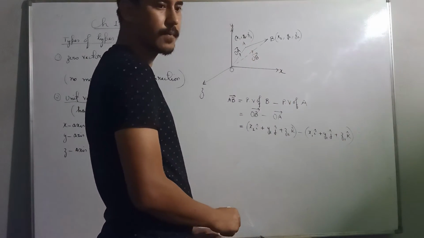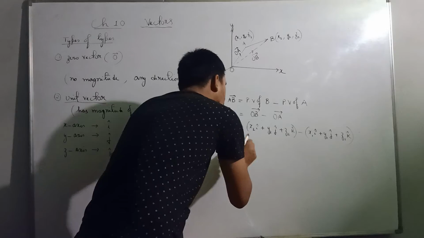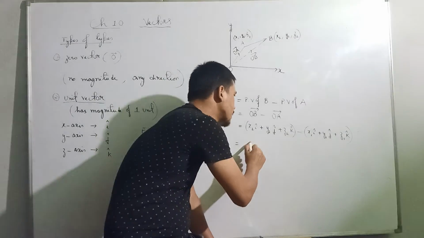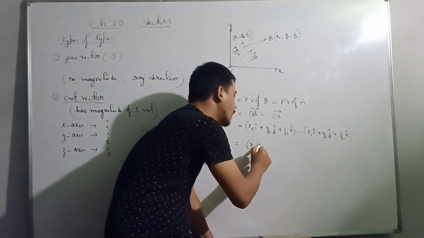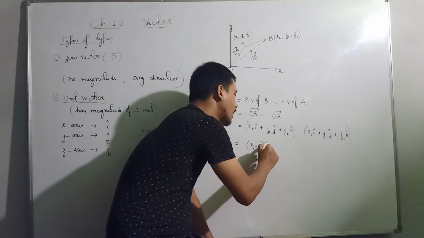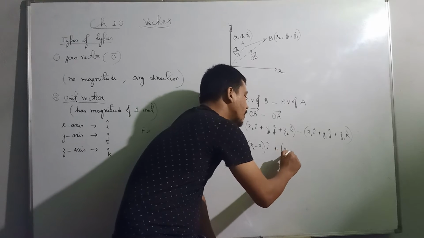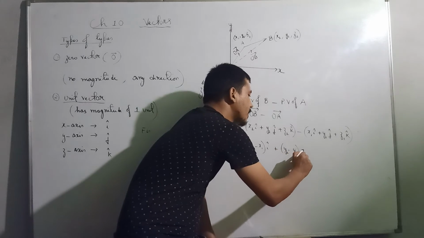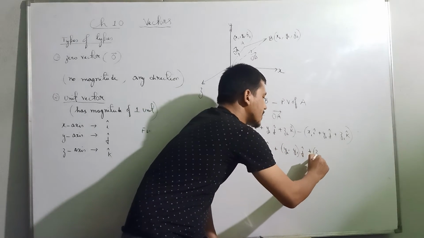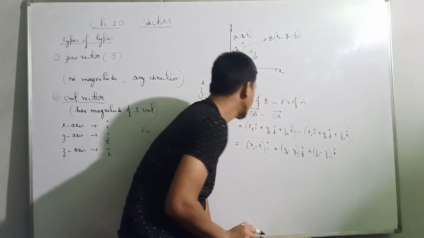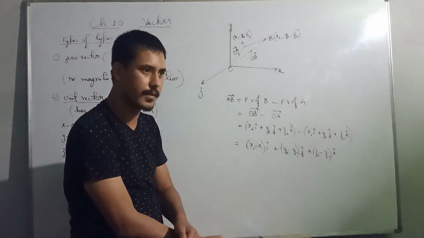So let us subtract them. Only the x component can be subtracted with the x component. So (x2 minus x1) i cap plus (y2 minus y1) j cap plus (z2 minus z1) k cap. That is how you can find out vector AB.